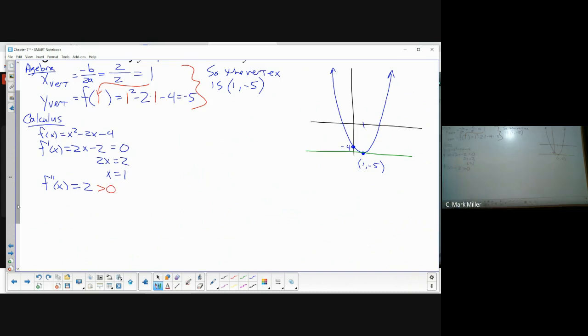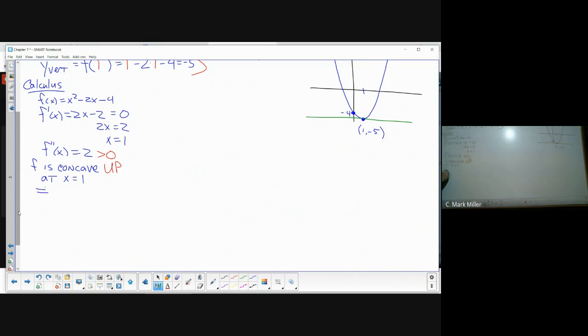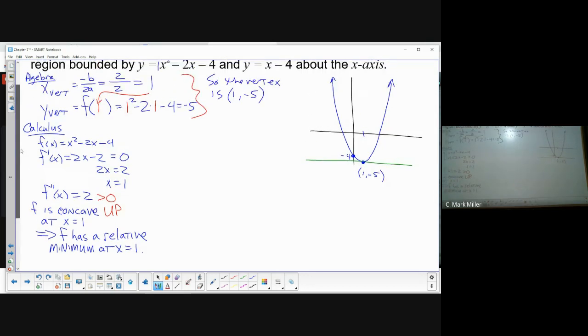So that says f is concave up at x equals 1, which implies that f has a relative minimum at x equals 1. All right, so there's some more calc review.